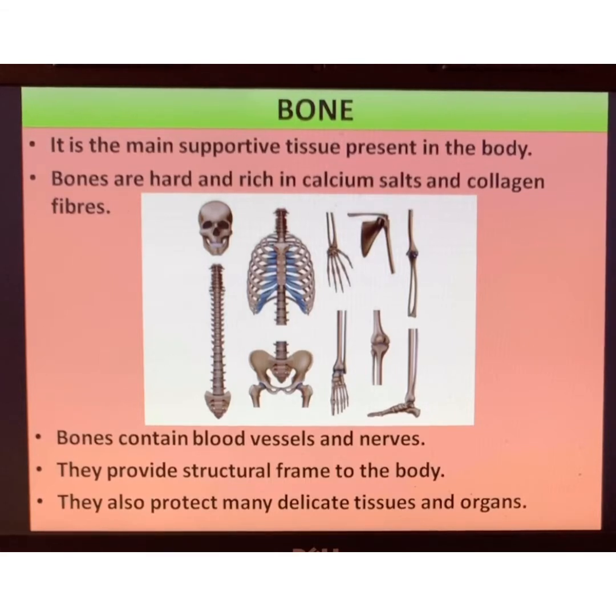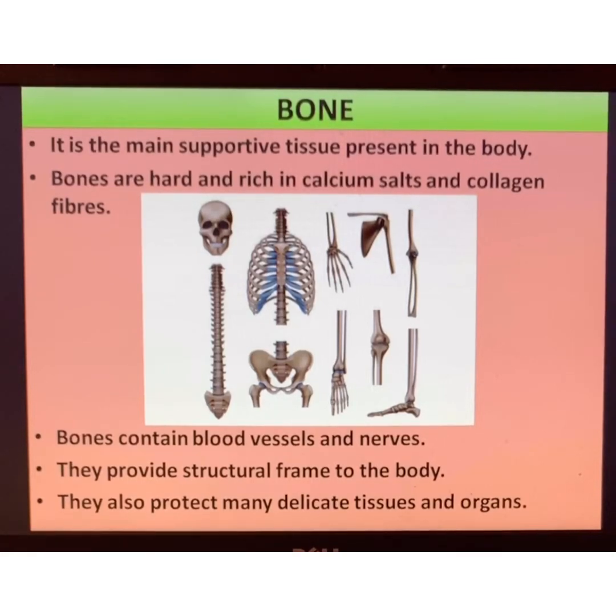If you look at the structure of a real bone, you will see holes inside the bones. Those holes are for the entry and exit of nerves, and believe me, if a bone gets hurt, it pains too much, because it is innervated by nerves.